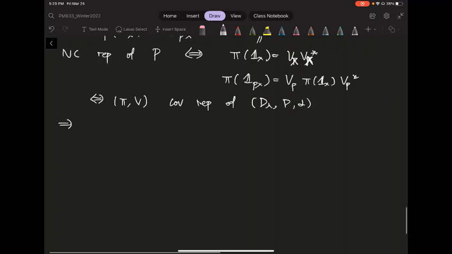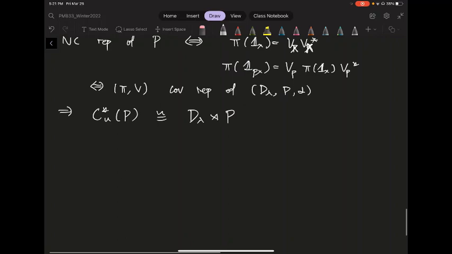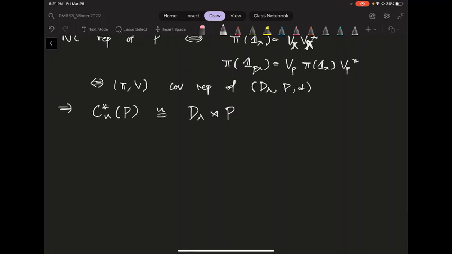So this tells you the universal semigroup C-star algebra has this diagonal structure. It is isomorphic to this semigroup cross product. Moreover, there's one more thing: the universal one also contains a diagonal algebra.